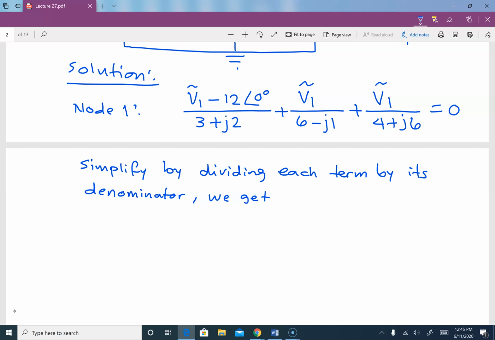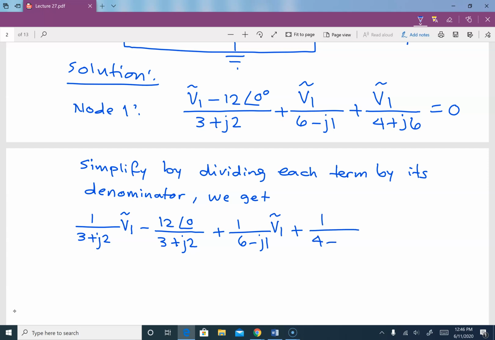The coefficient of V1 is 1, so we will have 1 divided by 3 plus J2 multiplied by V1, minus 12 with angle 0 divided by 3 plus J2, plus 1 divided by 6 minus J1 times V1, plus 1 divided by 4 plus J6 times V1, is equal to 0.